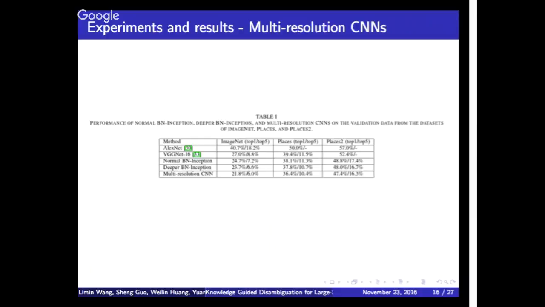Using the multi-resolution convolutional networks, they tested against AlexNet, VGGNet, and the two networks separately for the datasets of ImageNet, Places, and Places 2, and in the three cases they got a better result.